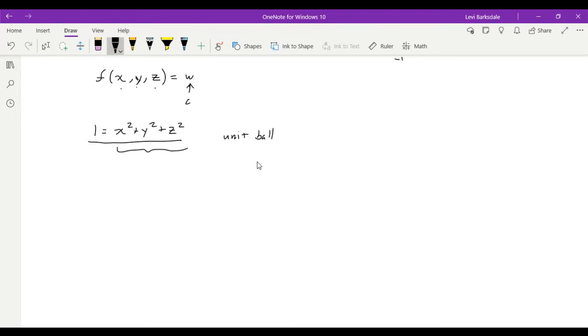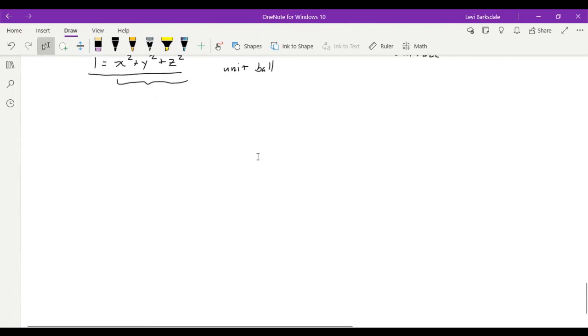Specifically in 3D, a level curve is known as a level surface. But you can have level curves in higher dimensions too. So that is just good to keep in the back of your mind occasionally.